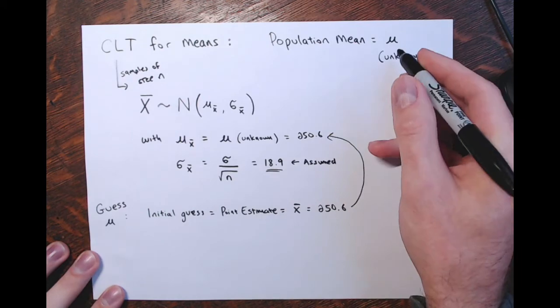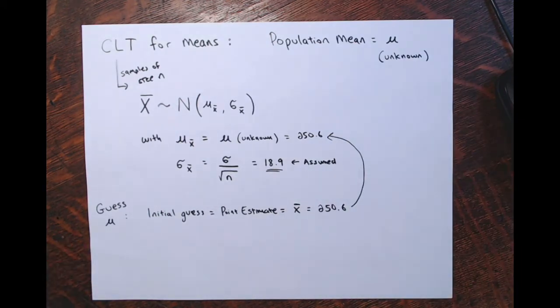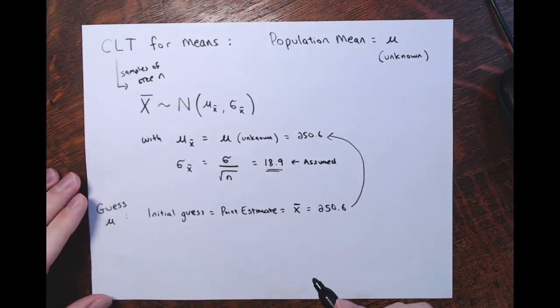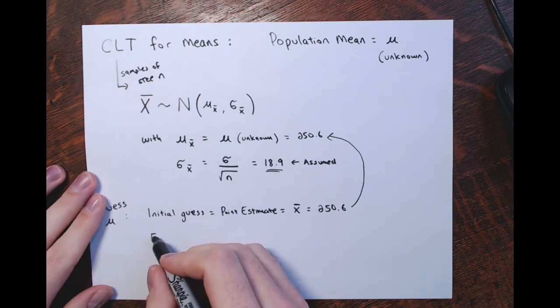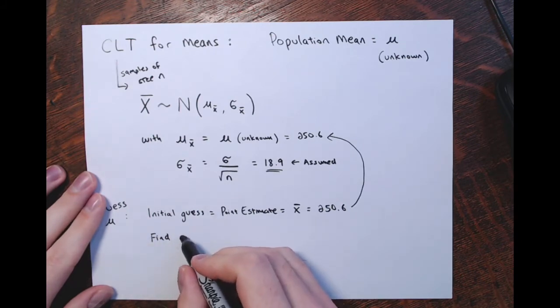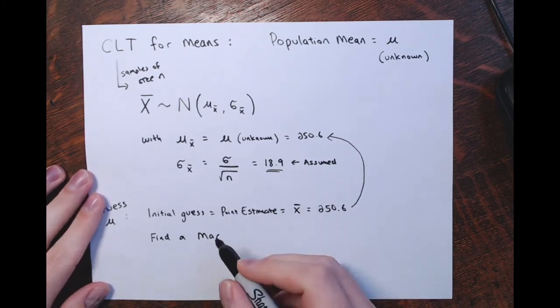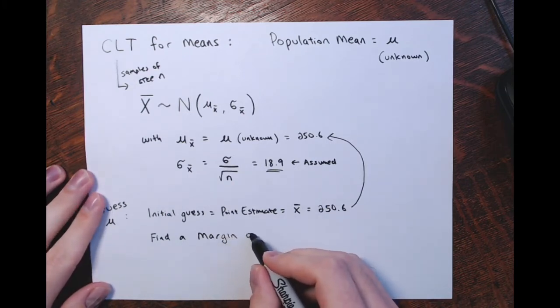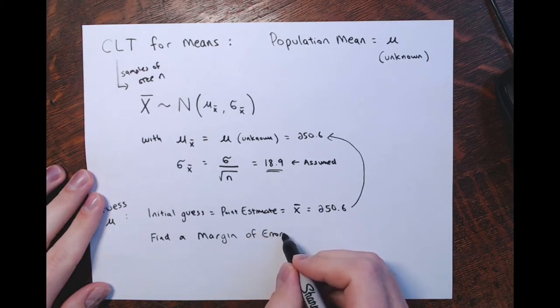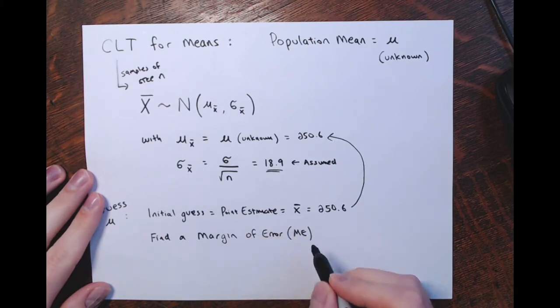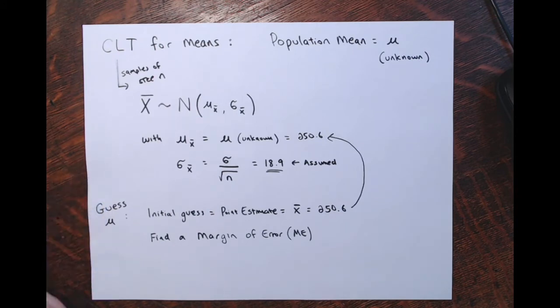Even though it isn't mu, and I don't know what mu is, our first guess is our sample mean, 250.6. Now I just need to figure out a margin of error to create this confidence interval, so that we'd be 99.7% confident in our confidence interval guess.